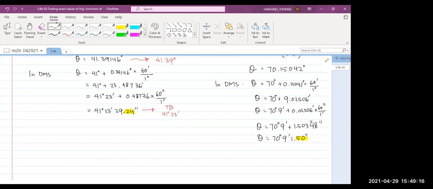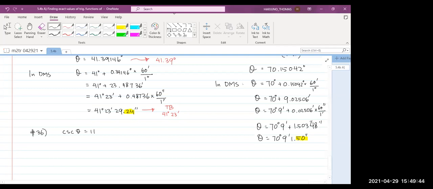Okay, now that's for this question though. Let me ask you to do a couple problems before we go on, just to make sure that you get used to this. Let me ask you to do number 36. Cosecant theta equals 11. Just do it in degrees. You don't need DMS mode. The degree in 5 decimal places.